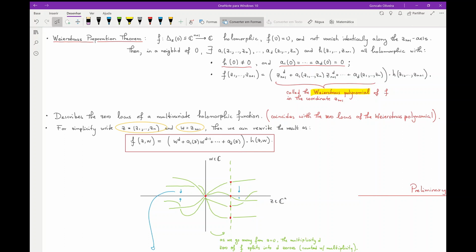Suppose that you pick z equal to 0. Then f of (0, w) is just a function of w, and this looks like w to the d times h of (0, w). Okay, so at z equal to 0, the zero locus looks like w to the d.